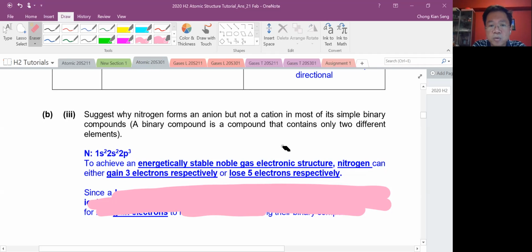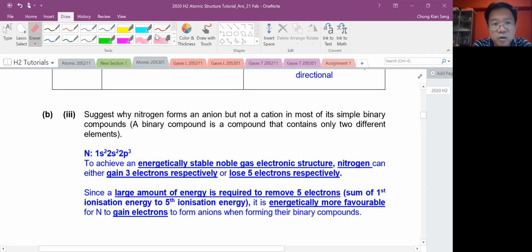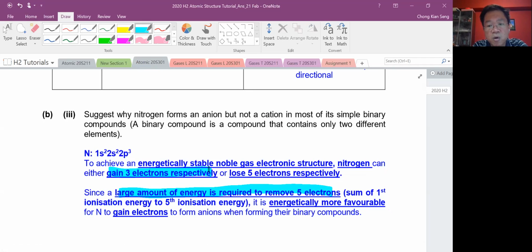To lose 5 electrons requires a larger amount of energy compared to gaining 3 electrons. Gaining 3 electrons also requires energy to hold on to the 3 additional electrons. So removing 5 electrons requires more energy. All right, so therefore it's more favorable to form the anion, N3-.